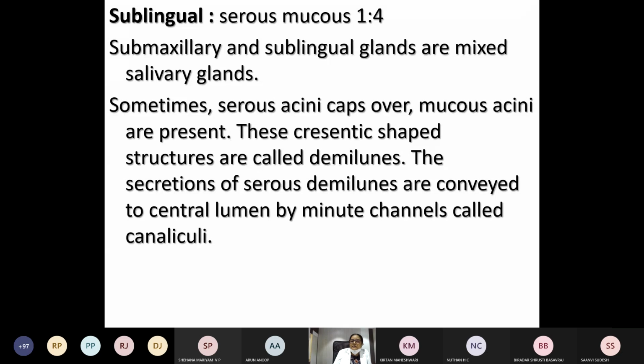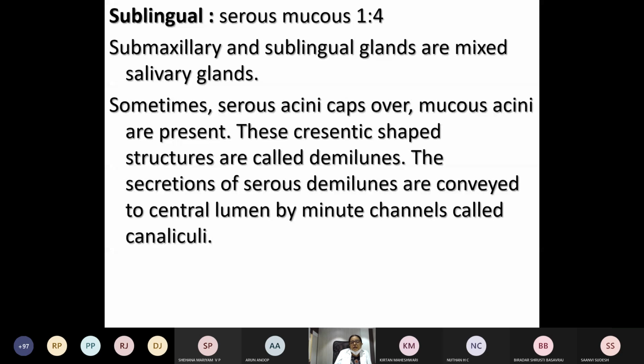Sometimes serous acini caps over mucous acini are present.